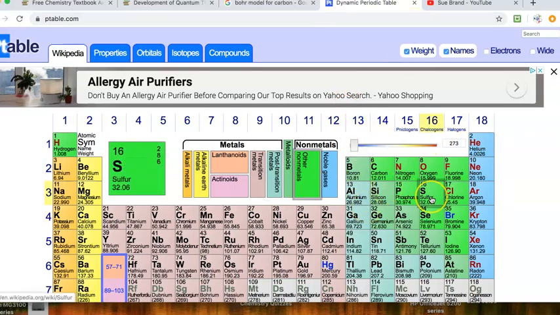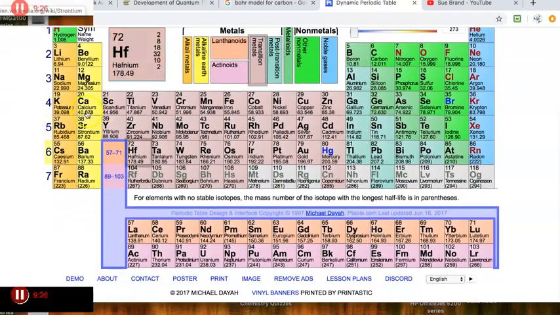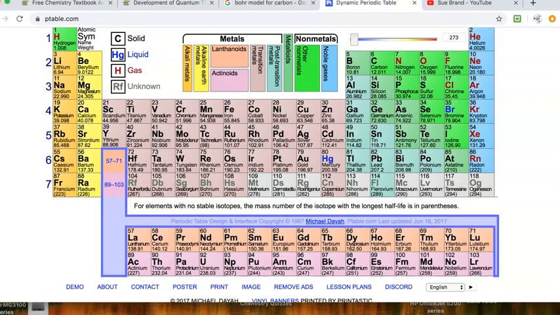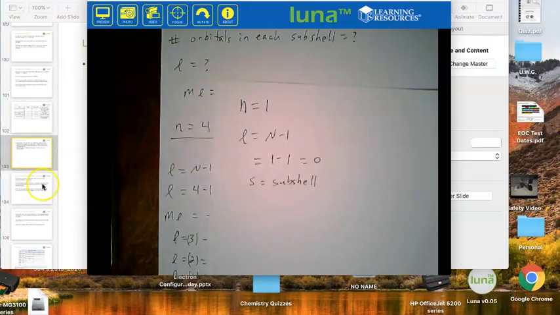Now we just figured out that with N equal to 4, we have S, P, D, and F. Actually, let me go back to the color-coded one because this might be confusing.